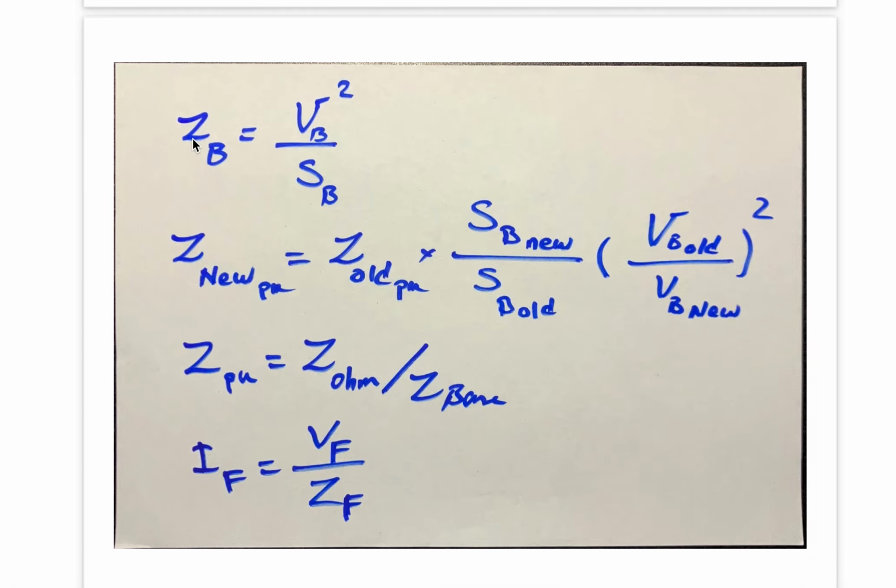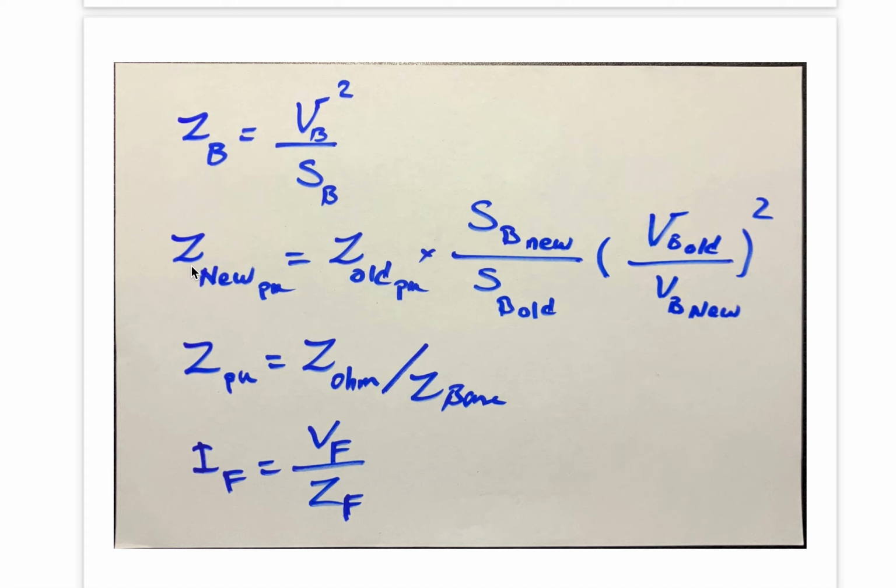In case you need base impedance, like for transmission lines in the short circuit analysis question, or in transformer questions, that equals V base squared divided by S base. And this formula is when you transform an old per unit to a new one.